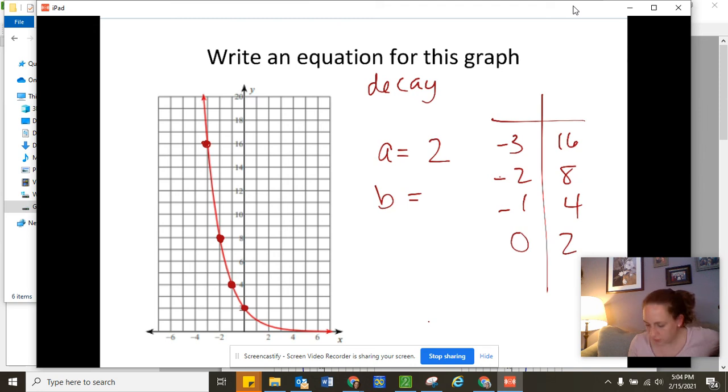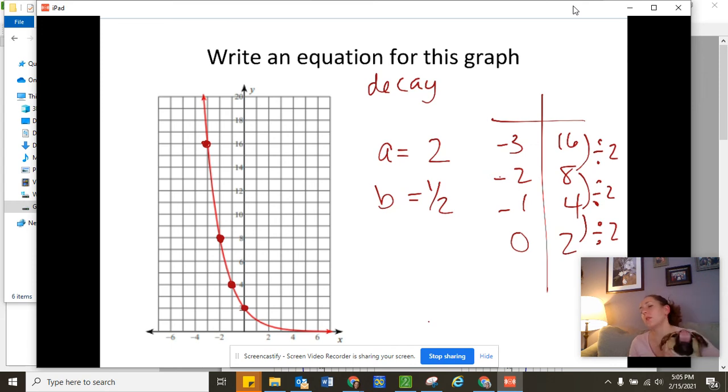And at 0, it's 2. So if you look at what's happening here, as I go down, it is dividing by 2 every time. So decay does kind of trip people up. So if I'm dividing by 2, that is the same thing as multiplying by 1/2.